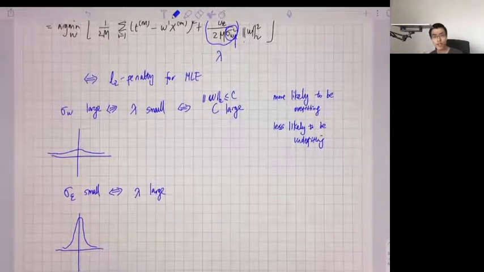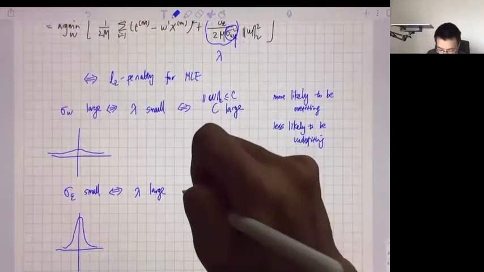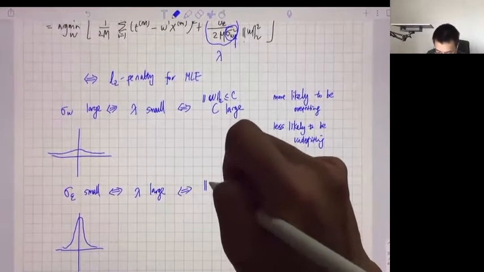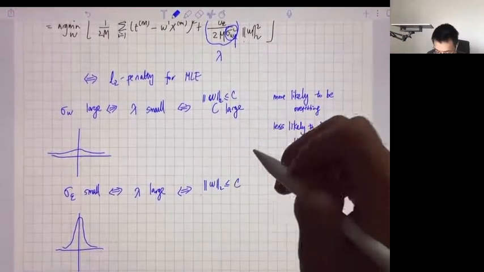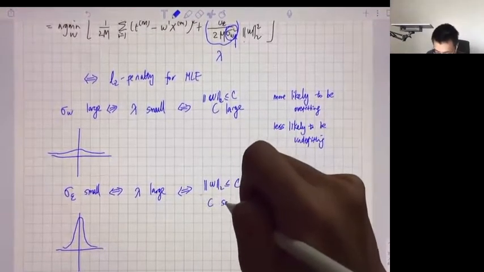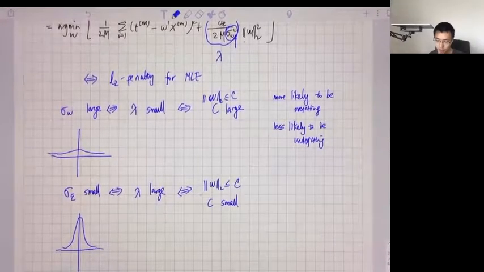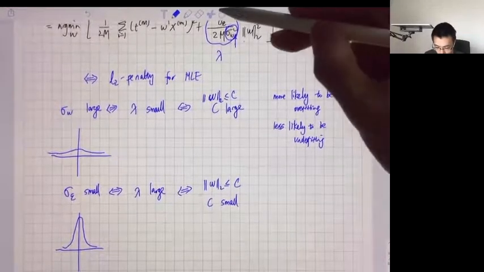After you observe the data, the posterior probability that the weight is very far away from 0 is still small. And then it means you have a large penalty. You want your weight to be smaller and smaller. So lambda is large. And if lambda is large, your constraint that the norm of W is less than C would have this C be small. Okay, and it's the vice versa.